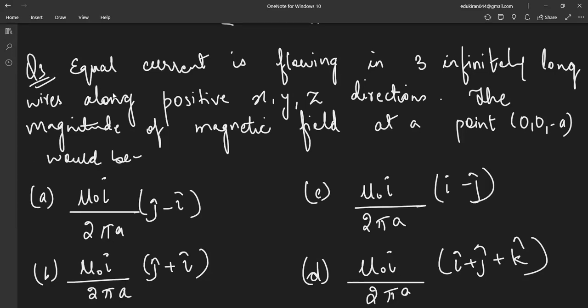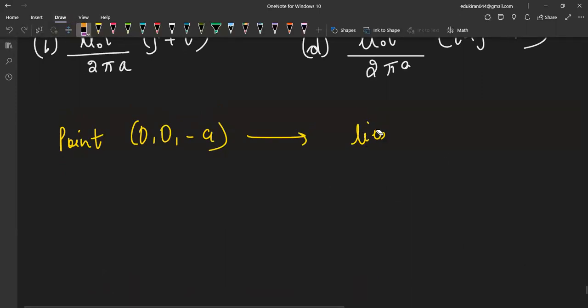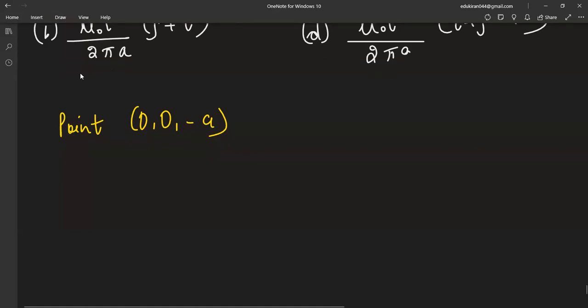See, current along the Z axis or any axis, forget about the axis right now. Firstly, whenever you have such type of questions, the first thing is the magnetic field due to each current, whichever current I in the X direction or Y direction we are calculating. First point is how much value of current would it hold if the point is lying on one axis.